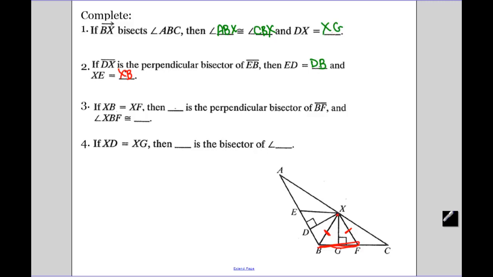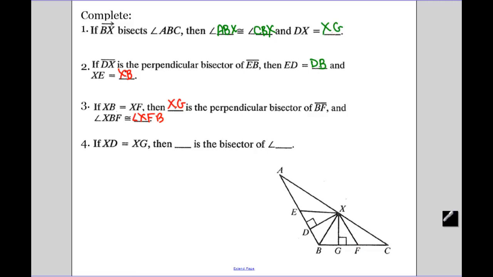I have a point that is equidistant from the endpoints of a segment, so therefore XG is the perpendicular bisector of BF, and angle XBF is going to be equal to XFB. Because what do I have there? I have an isosceles triangle. So by our isosceles triangle theorem, that's how we have our congruent angles.